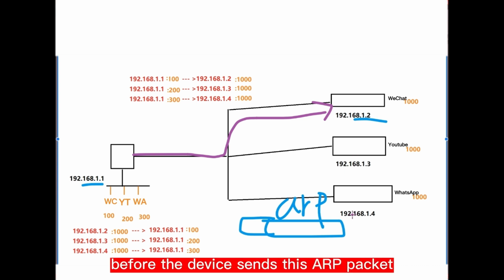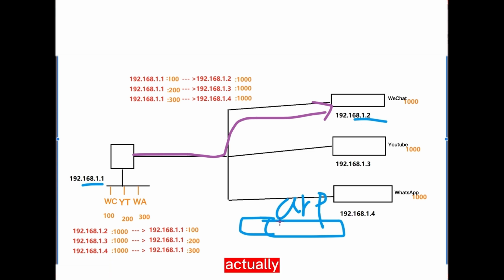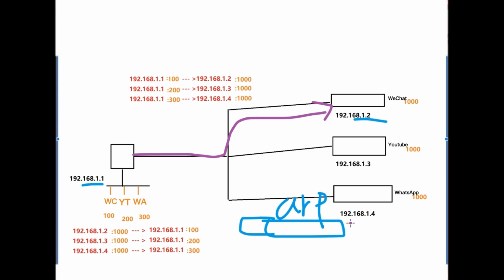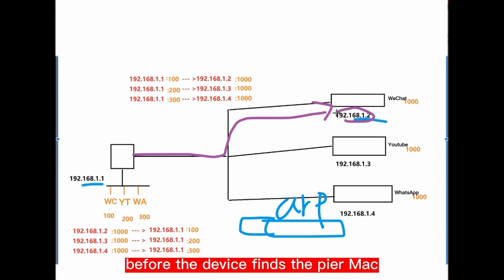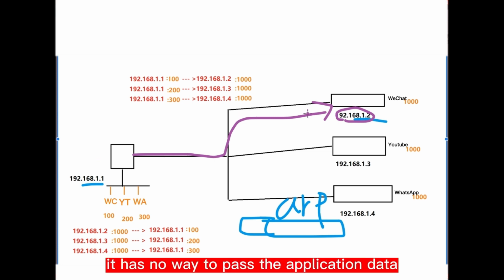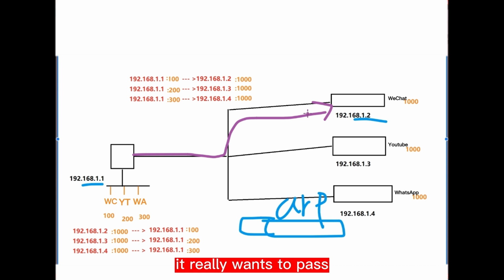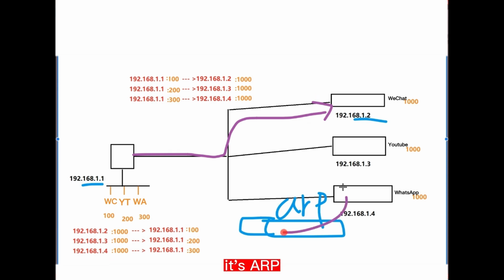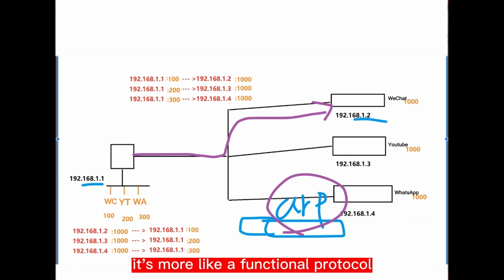Before the device sends this ARP packet, actually, data encapsulation cannot be completed. That is, before the device finds the peer MAC, it has no way to pass the application data it really wants to pass. So we can only use a small function first. It's ARP. It's more like a functional protocol.